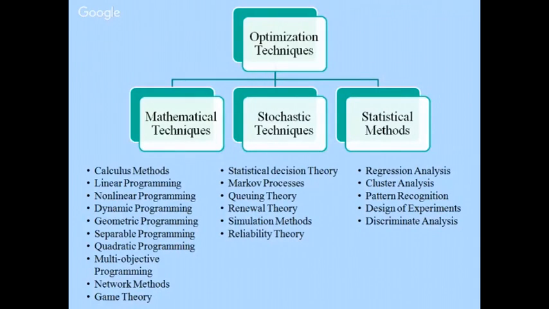Then we have stochastic techniques. By stochastic techniques we mean mainly those where the role of different parameters is highly uncertain. Like in a machining operation, the role of various parameters is highly uncertain, where we cannot quantify, or it is very difficult to give a value to the parameter we have selected.